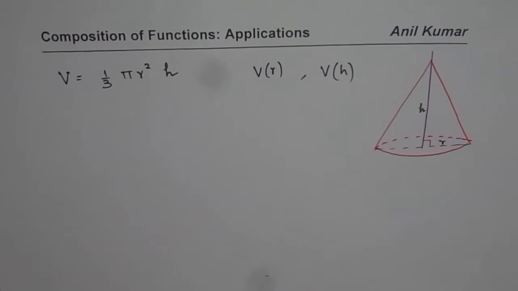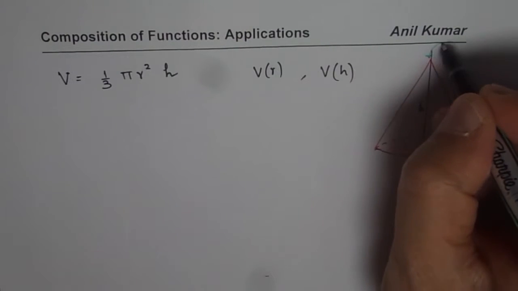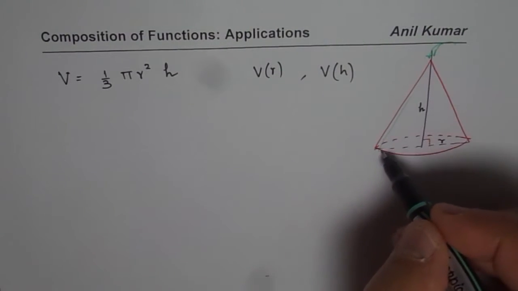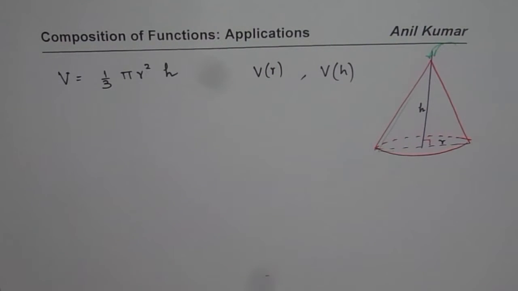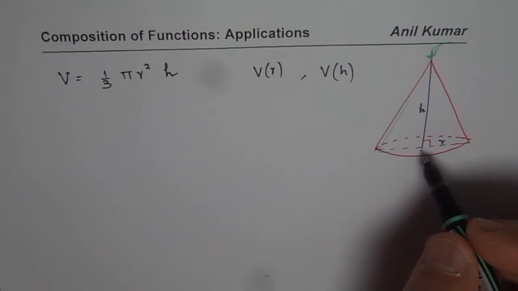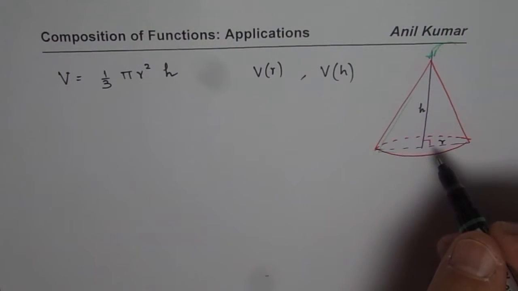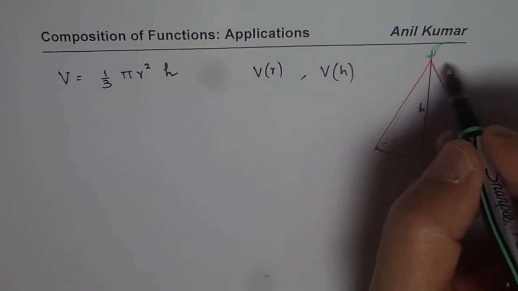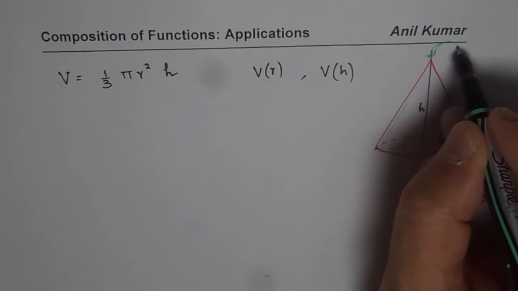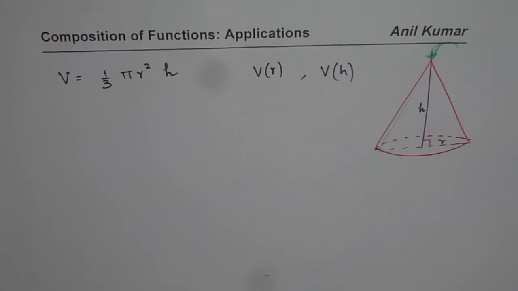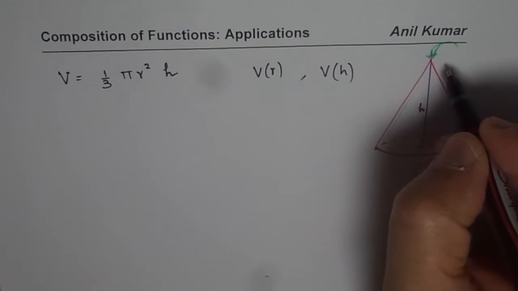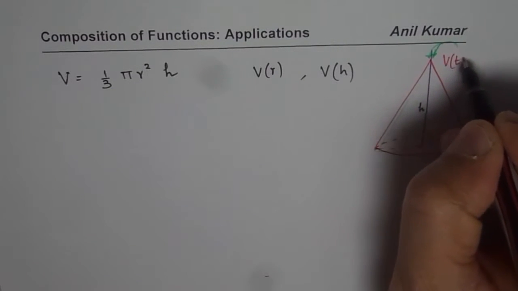So let us assume that we are pouring some sand here. It just piles on in the form of a cone, as you know it will, and we need to find the volume of this at any instance of time. So we could also relate with time if we know the rate at which the sand is falling.